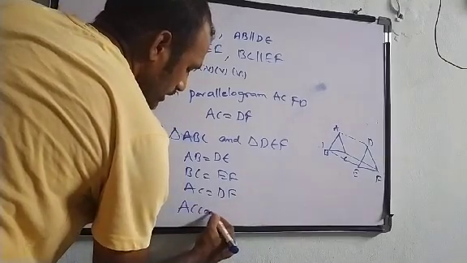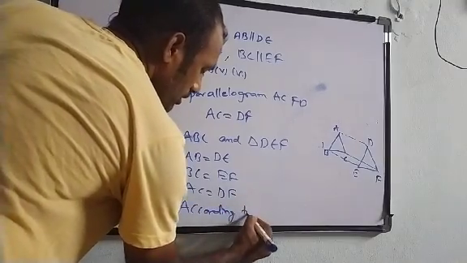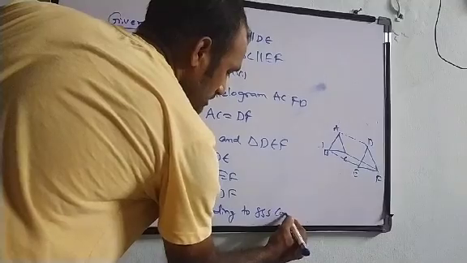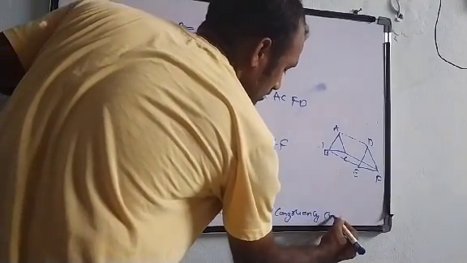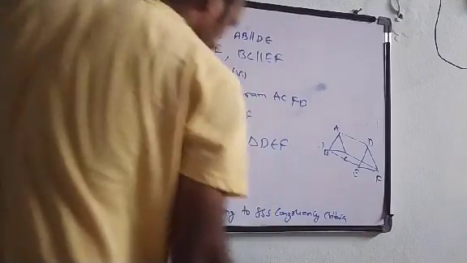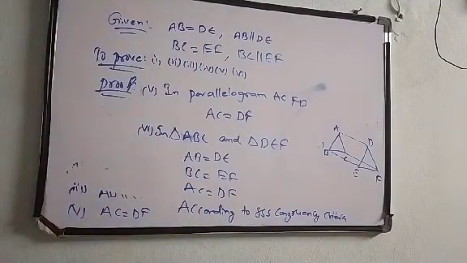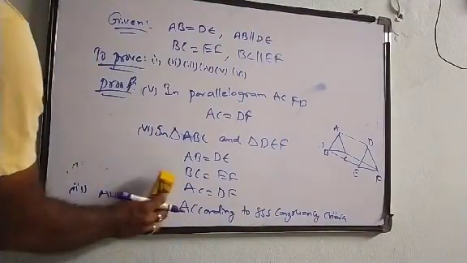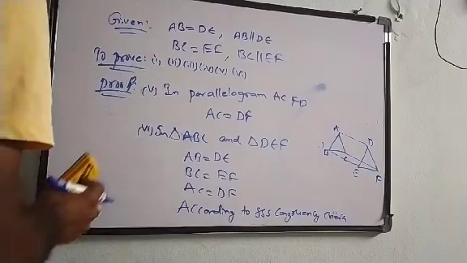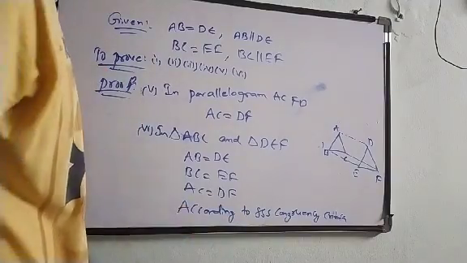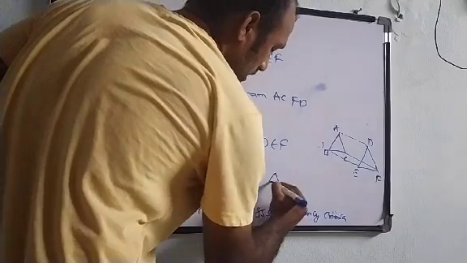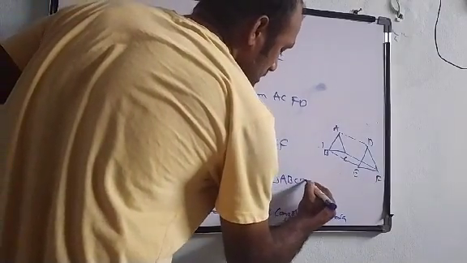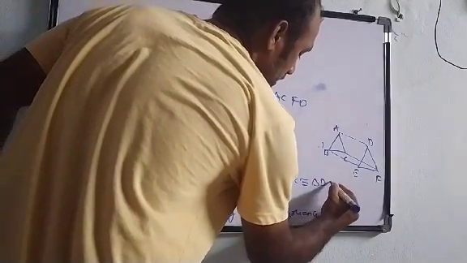So according to the SSS congruency criteria, we can say that triangle ABC is congruent to triangle DEF.